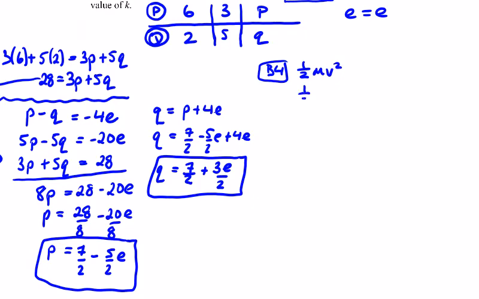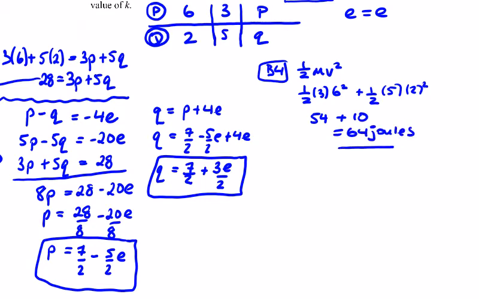So we have a half 3 by 6 squared plus a half 5 by 2 squared. So that's 36 by 1.5, which is 54. And 2.5 fours is going to be 10. So that's equal to 64 joules for my kinetic energy before.